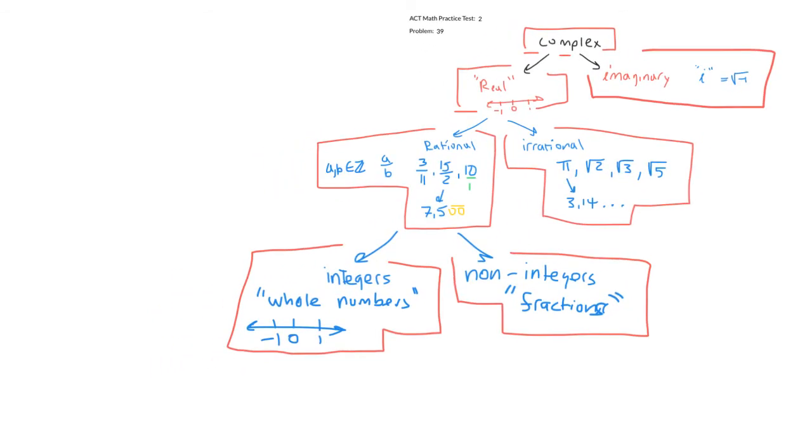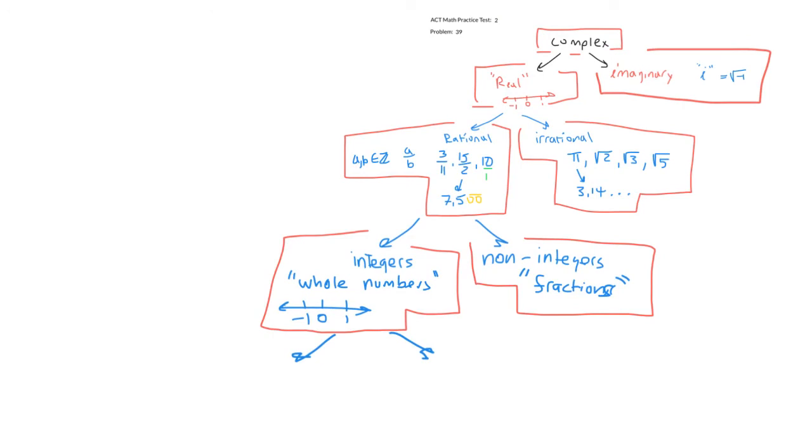And this is kind of subjective, but we're going to break it into, we'll call it natural numbers, natural and non-natural. Okay, so the natural numbers are 1, 2, 3, 4, 5. And we'll say non-natural integers.